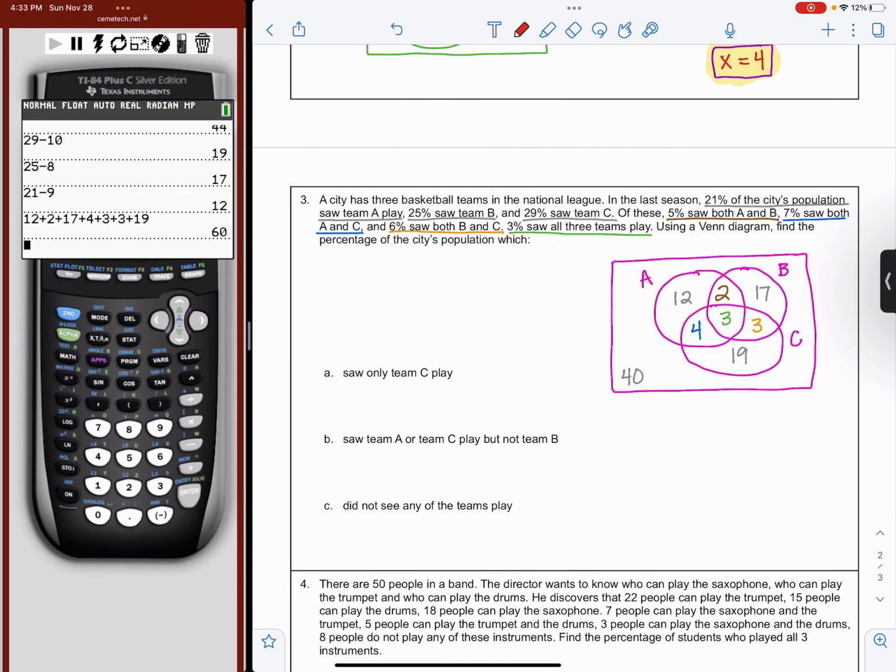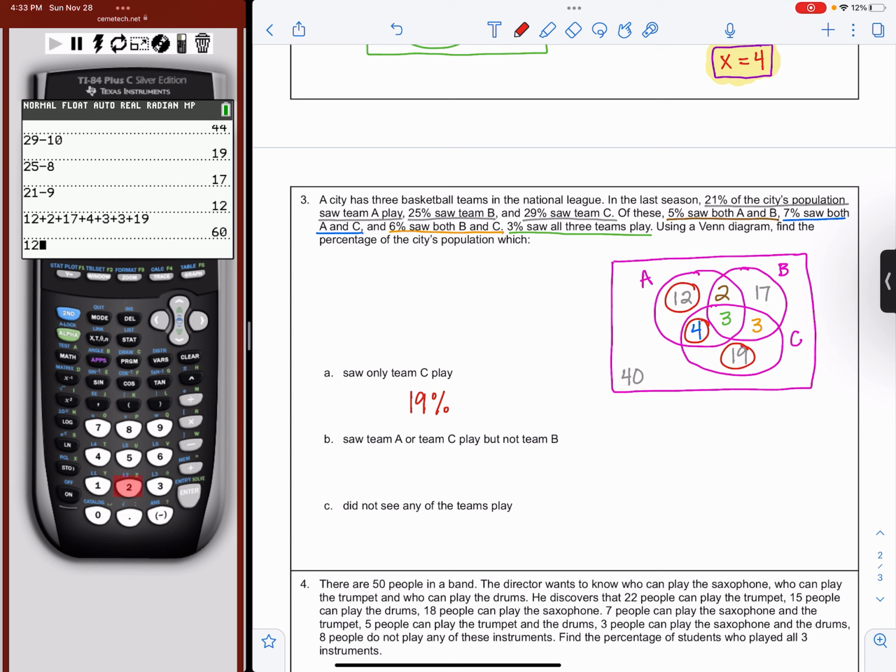What percent only saw team C play? That is going to be 19. Part B says we want to find the population that saw team A or team C play, but not team B. So they could either see A or C, but they can't see B. So they could see 12%, 4%, and then 19%.